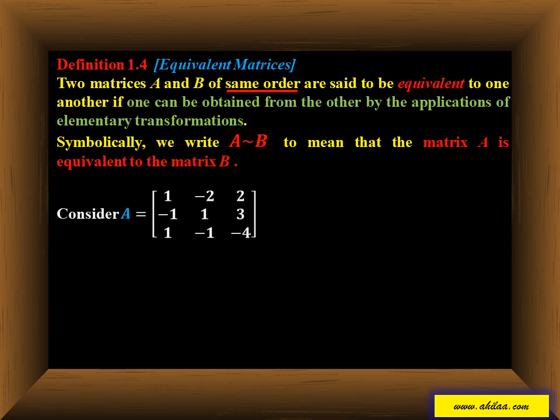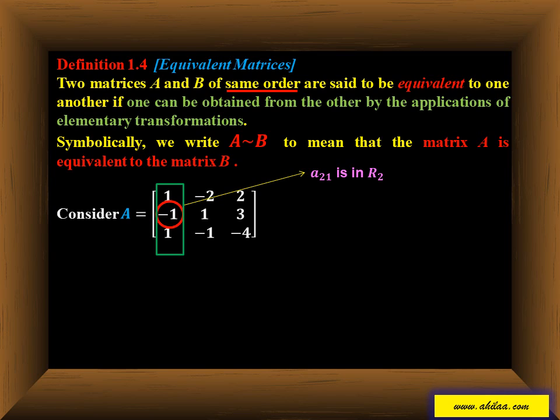Now consider the matrix A, a 3 by 3 matrix: 1, minus 2, 2; minus 1, 1, 3; 1, minus 1, minus 4. Suppose I want to make this element, that is the A21 element in row 2, to be 0.